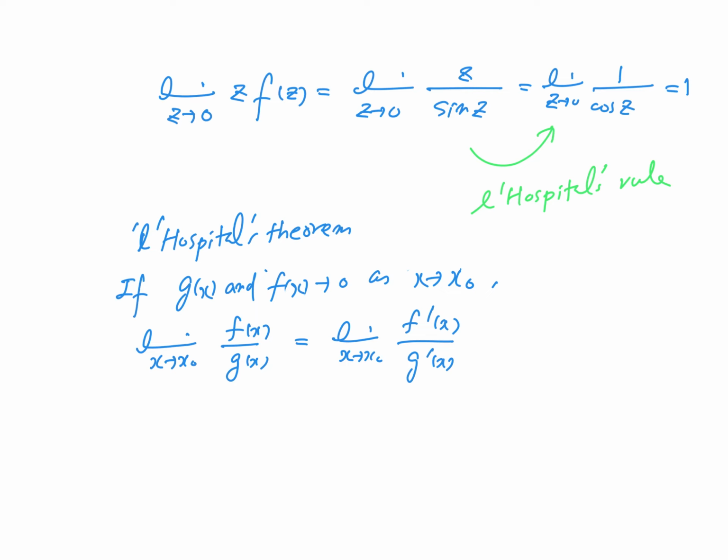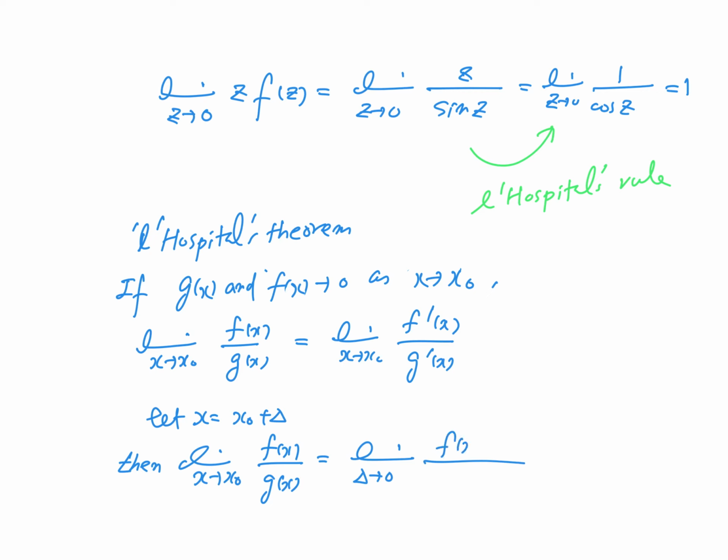But actually it can be proven in a very simple way in 2 lines. So let x be x0 plus delta, then the limit can be rewritten as delta goes to 0, f(x0 plus delta) over g(x0 plus delta), right? I haven't done anything.